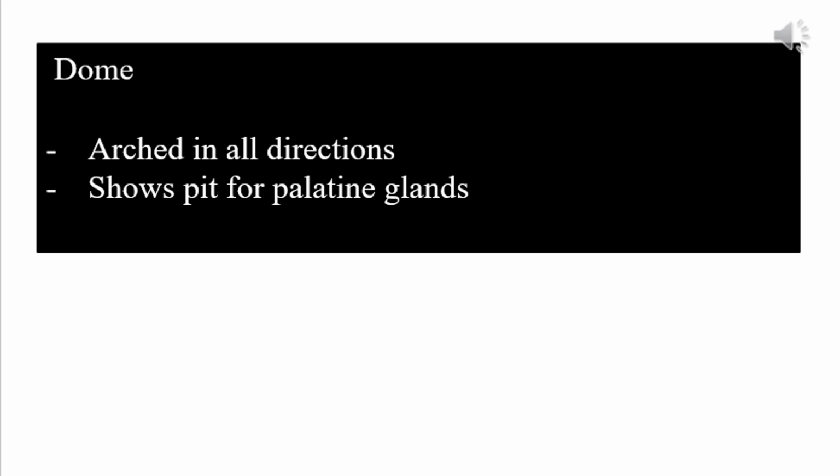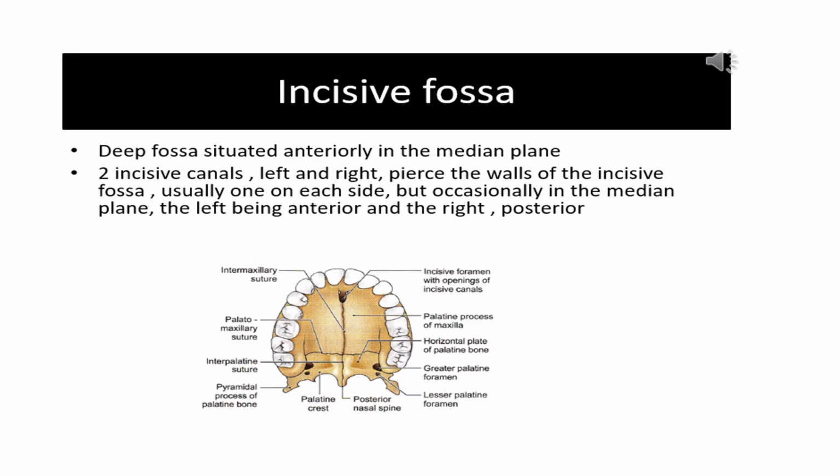The hard palate is arched in all directions and shows pits for palatine glands. So the next feature of the hard palate is the incisive fossa. What is the incisive fossa? The incisive fossa is a deep fossa, and it is situated on the anterior side of the hard palate in the median plane.